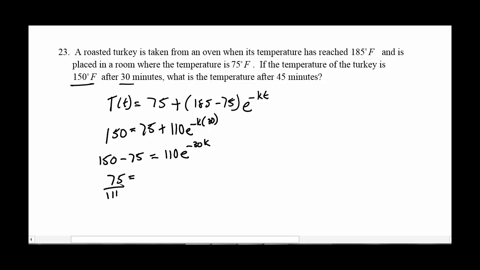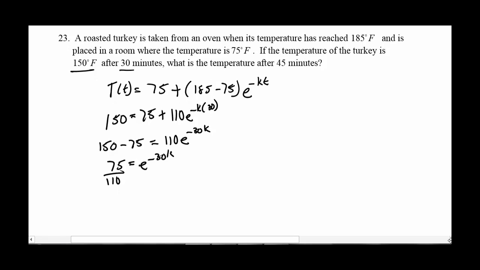And I want to divide that by the 110, e to the negative 30k. Then I'm going to take the ln of both sides. So ln of 75 over 110 equals ln of e to the negative 30k.